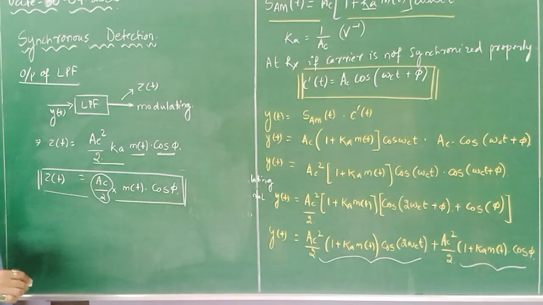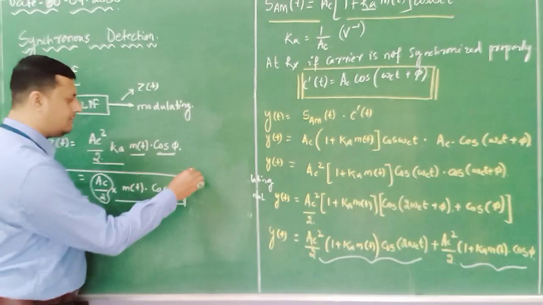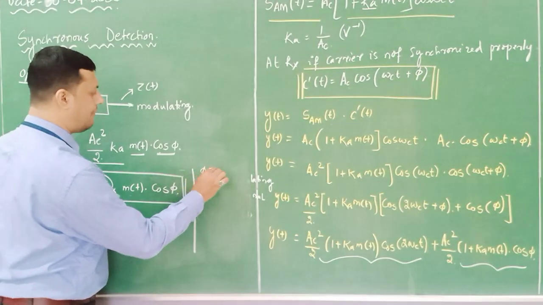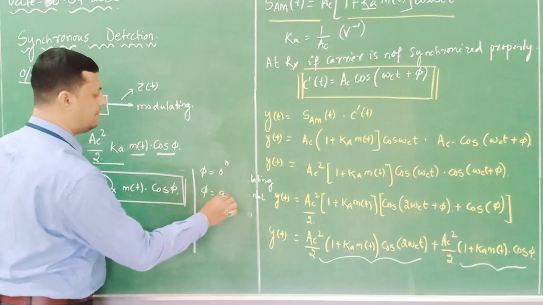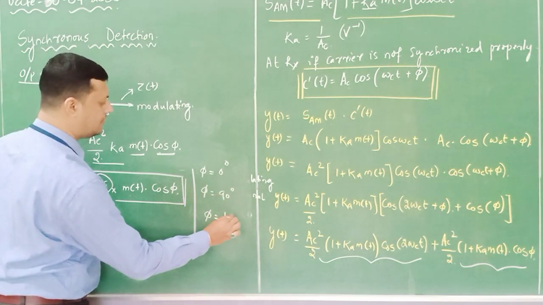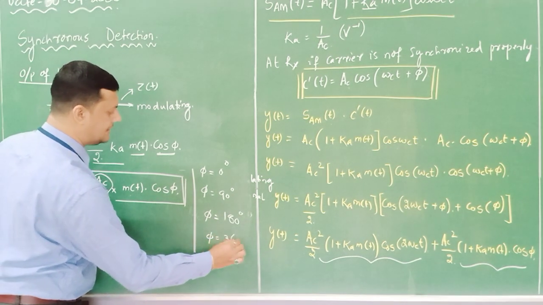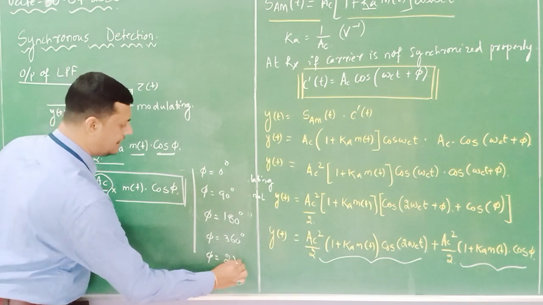Now here the cases arise. What cases? Cases with respect to the phase difference. First, if phi is equal to 0 degree, 90 degree, 180 degree, 270 degree, or 360 degree.